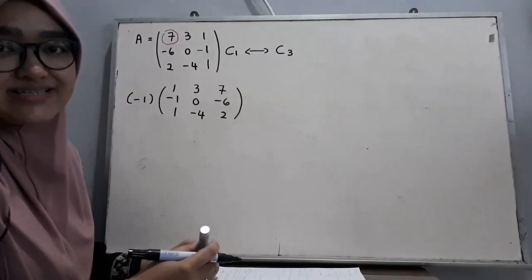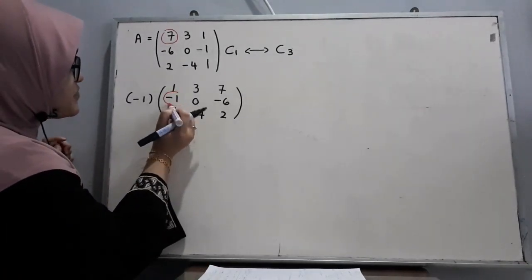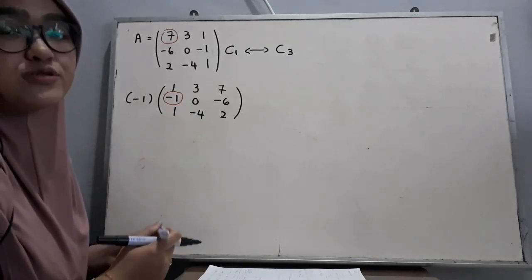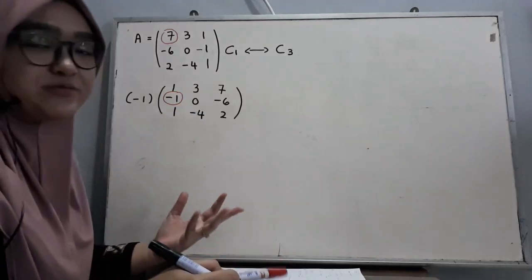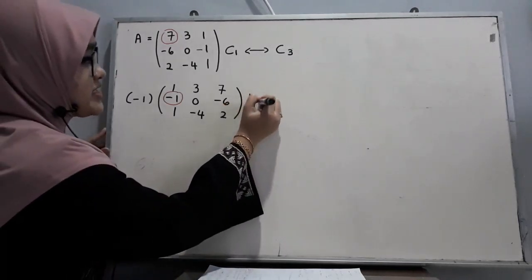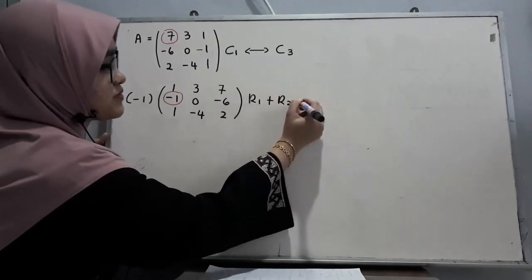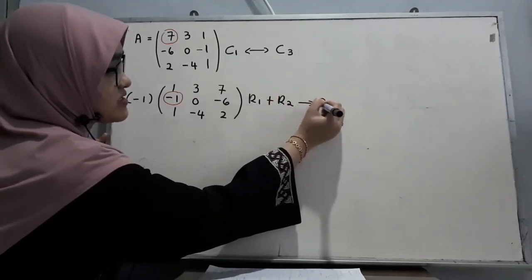Our next target is that we want to change -1 into 0. So what we can do is R1 plus R2 to change R2.